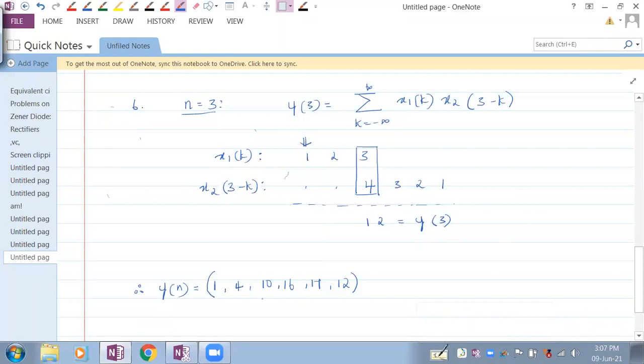Which sample is our 0th sample here? 10 is our 0th sample. How do we know that? Initially we made that analysis, so according to that, this is our 0th sample. It starts at -2 and ends at n equal to 3. Here, this is -2, -1, 0, 1, 2, 3, and this is y of n.